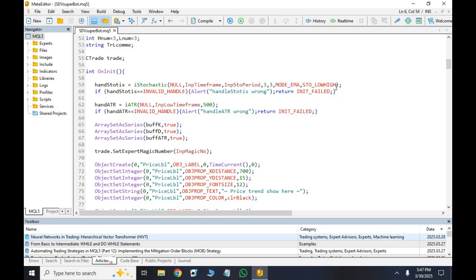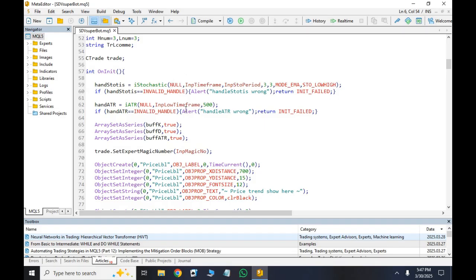It types iStochastic here; the first parameter is the symbol name, that means our trading symbol, EURUSD, or I set it null.